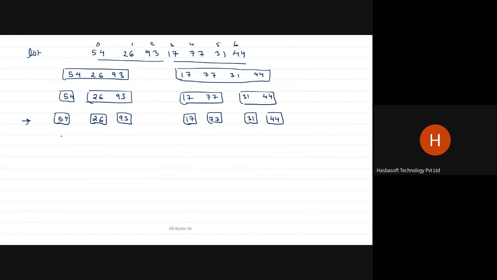What we have done is split our array at every interval. We divided the entire array into two halves, then divided this array into halves, then this array into two halves. Then we kept on dividing our array until we got single values.